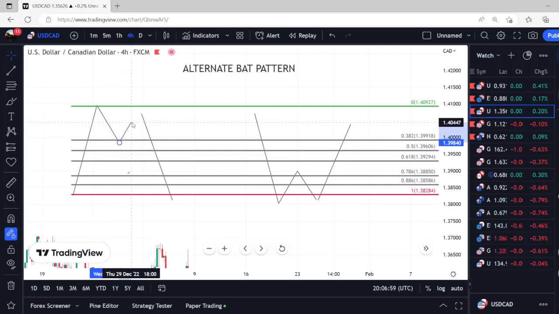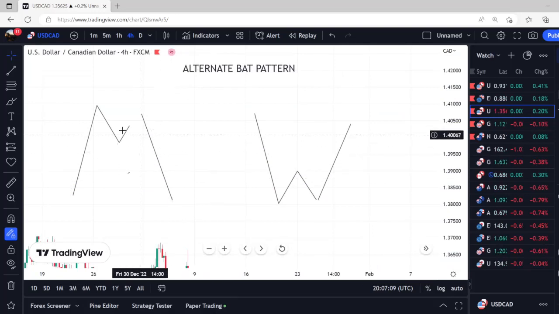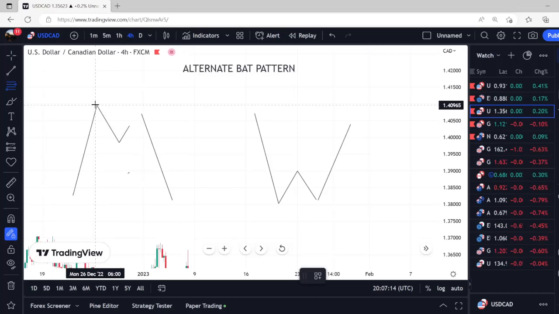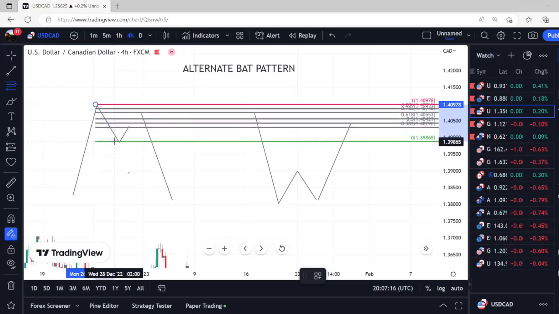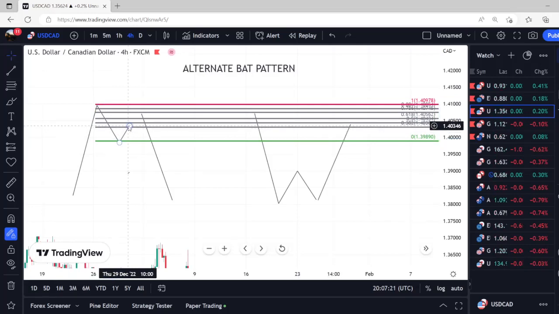If this retracement is that small, grab your fib retracement and plot from your A to B. This pullback must touch 0.382 for the harmonic to be qualified. If this pullback does not touch 0.382, then it is not a harmonic pattern, so just leave that and look for something else.